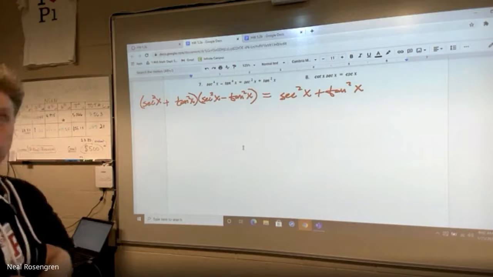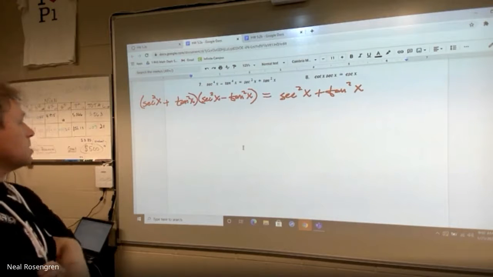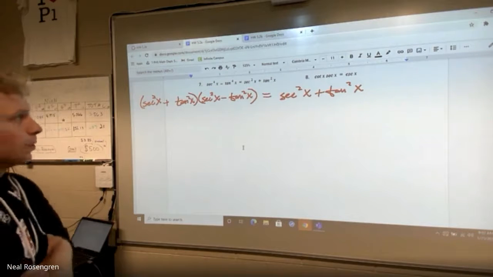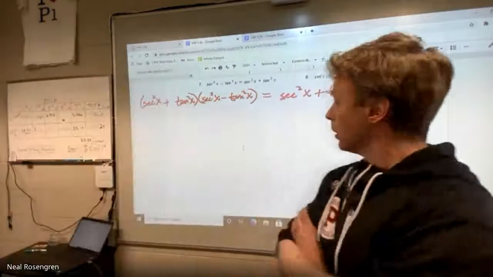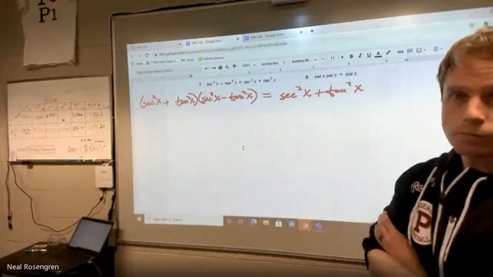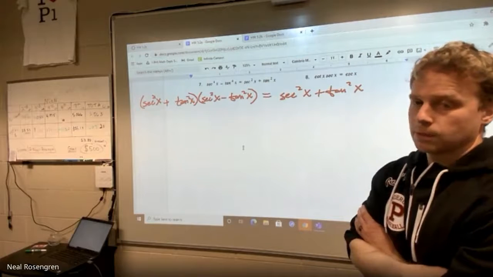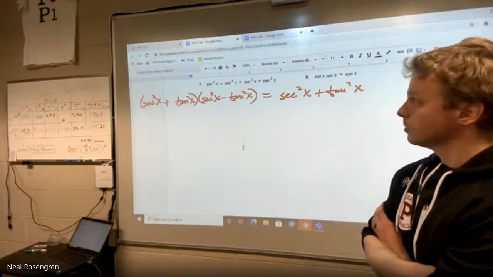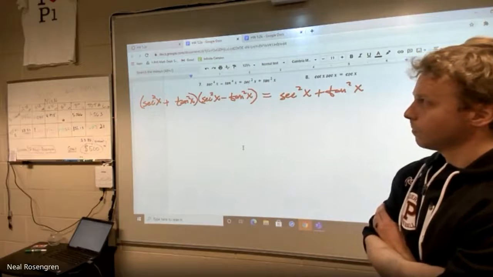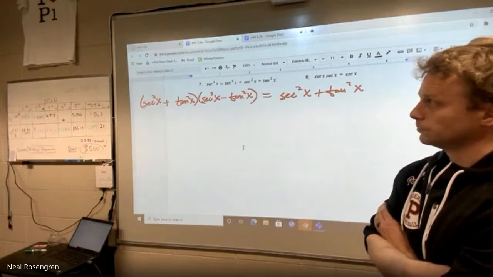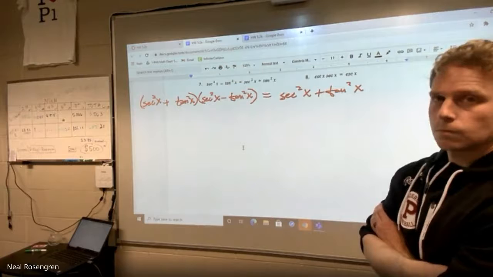What do you see? What do you notice about the right side? And what that means for us on the left side? They both have secant squared x plus tangent squared x.